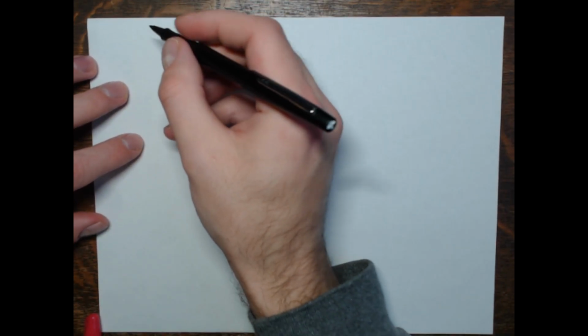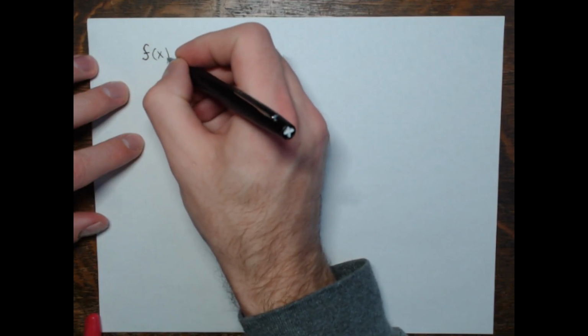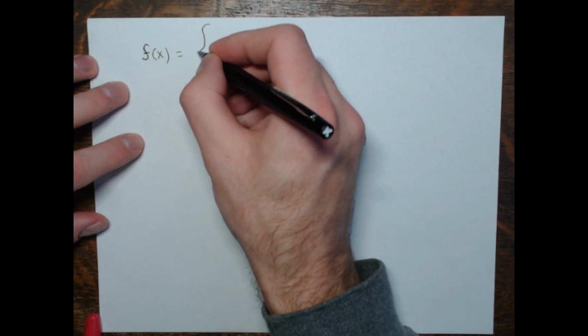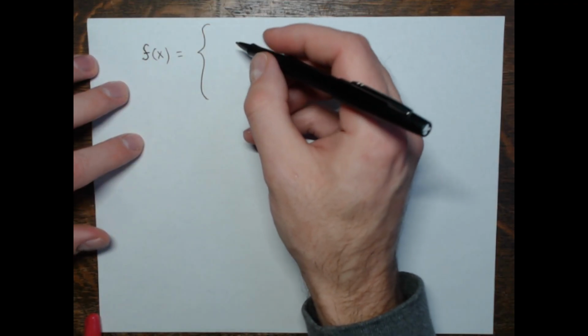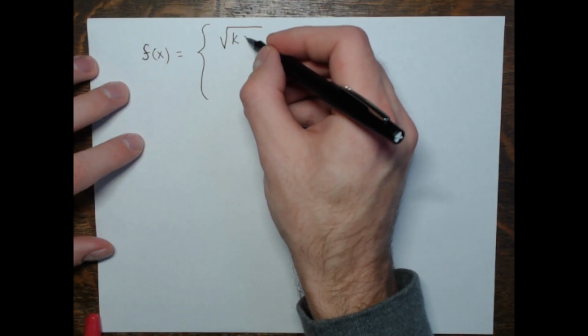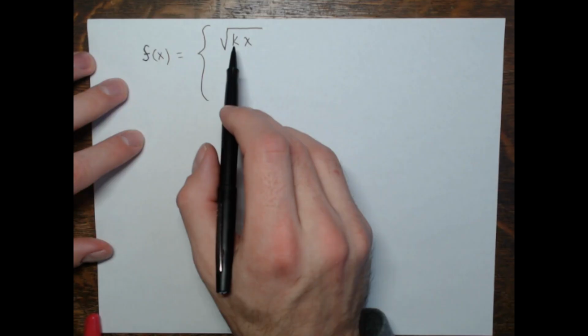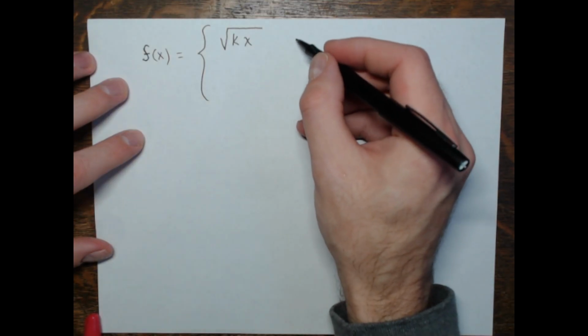Okay, so here's this piecewise defined function. We have f of x equals, and then in the top piece, there's the square root of k times x, right? We're trying to find the value or values of k, if they exist, that will make this thing continuous.